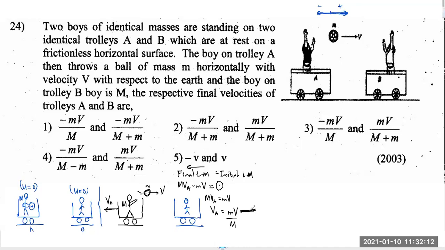To the left is the direction. And look at the answers. There are negative answers. So definitely the trolley is moving to the left, therefore they have taken it as minus. So VA is minus m v over capital M. We have that answer in options 1 and 3, so the second, fourth and fifth are definitely not the answers.